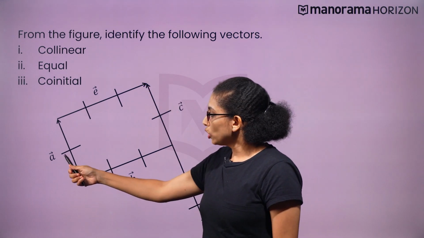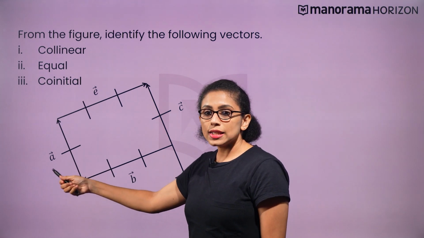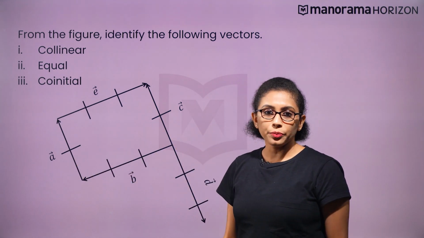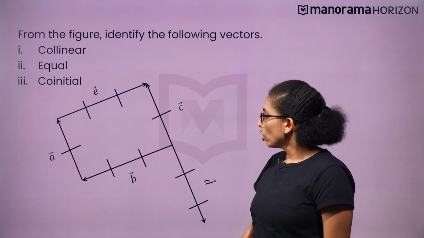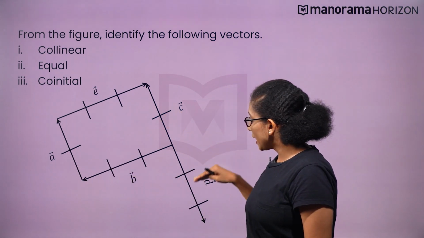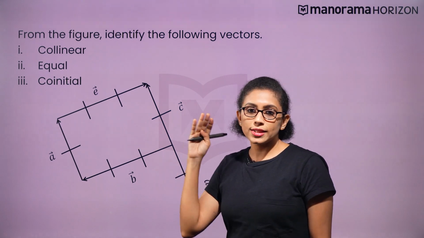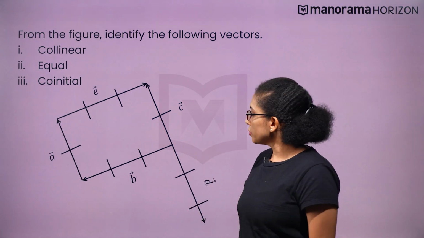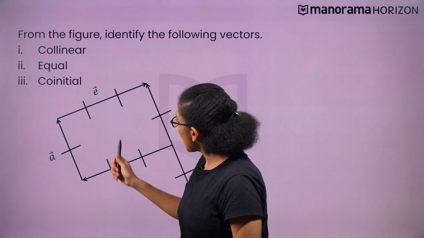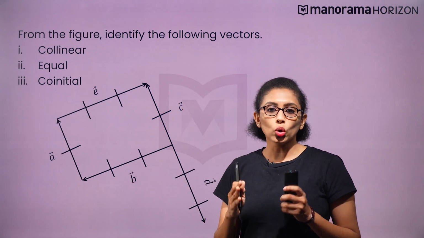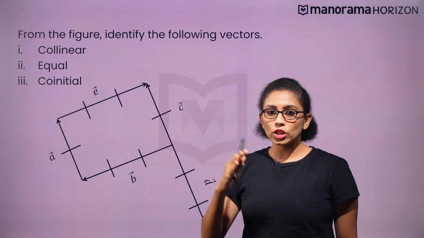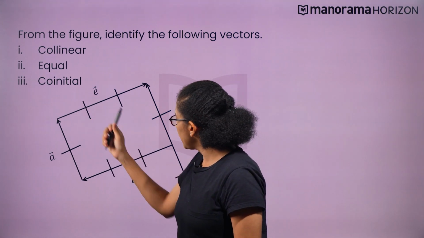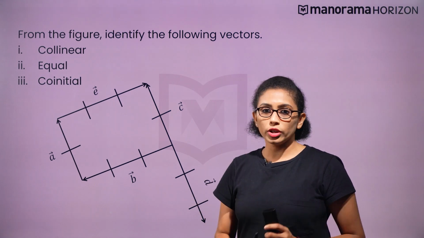Here, if you look, vector A is parallel to vector C and also parallel to vector D. So A, C and D make one set of collinear vectors. Similarly, what about B and D? They are also collinear vectors, right? We have A, C, D as one set of collinear vectors, and B and D as another set.